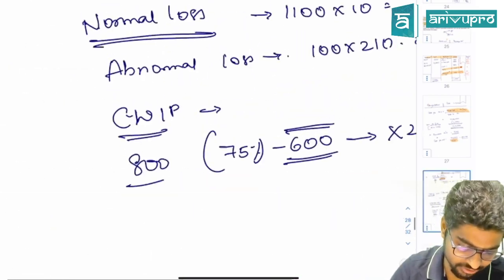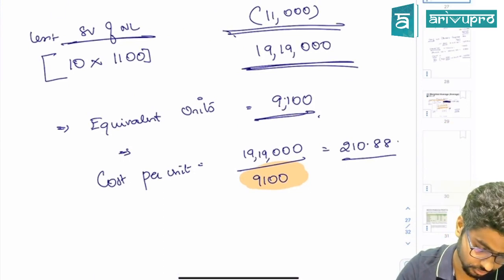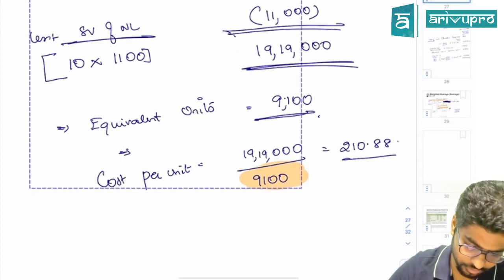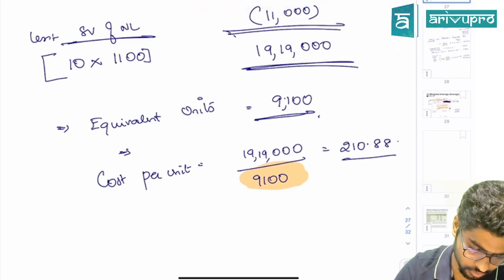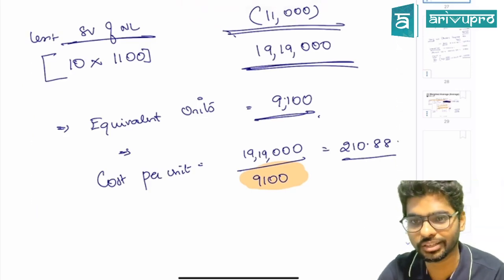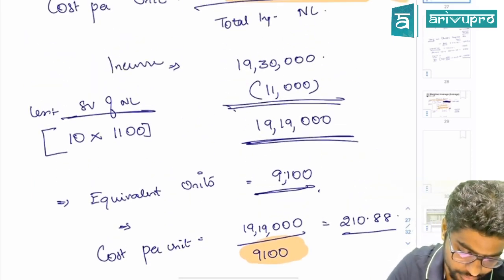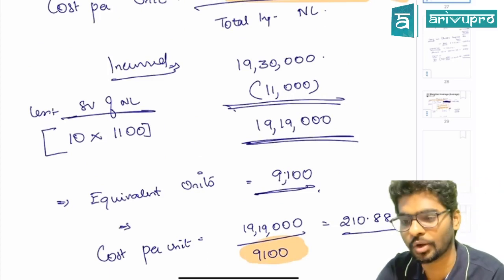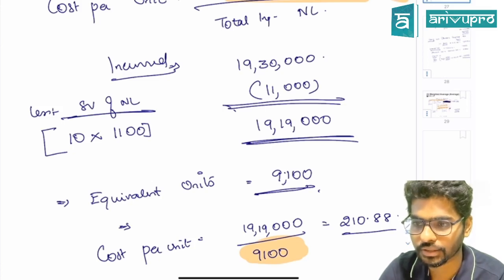Now second difference, let me come here. Now here what am I taking for the cost incurred? I am taking the cost incurred minus the normal loss, yes or no? Right?